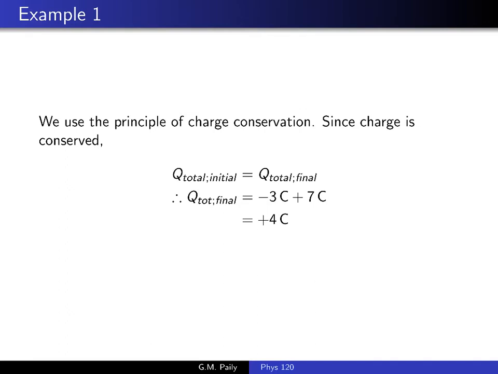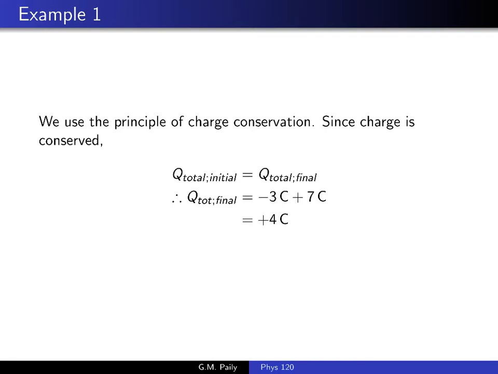Since charge is conserved, we know that the total initial charge must be equal to the total final charge. The total final charge is the charge on the first ball plus the charge on the second ball. And -3 plus 7 gives us 4 coulombs. How are these 4 coulombs spread?